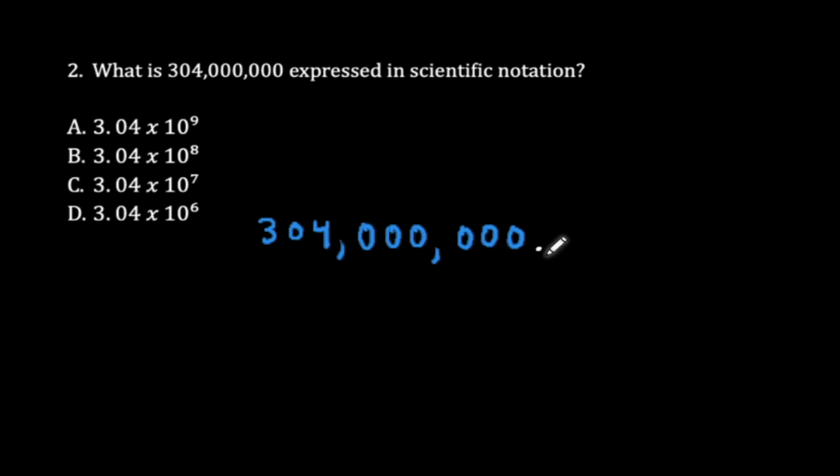This number has to be between 1 and some number greater than or equal to 9 but less than 10. So we're going to move the decimal point 1, 2, 3, 4, 5, 6, 7, 8, between the 3 and the 0, 4.